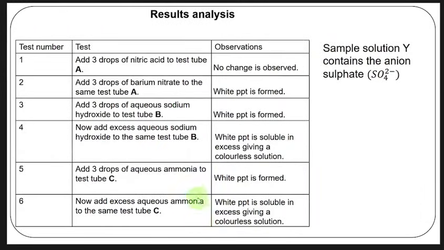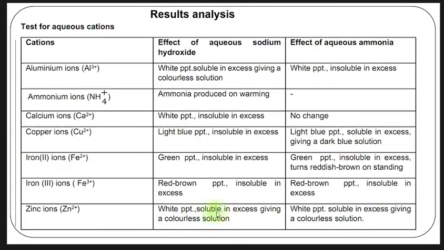Even as here, in 4, where they said now add excess aqueous sodium hydroxide to the same test tube B, we saw that the white precipitate was soluble in excess, giving a colorless solution. So this result is already matching with ours here.